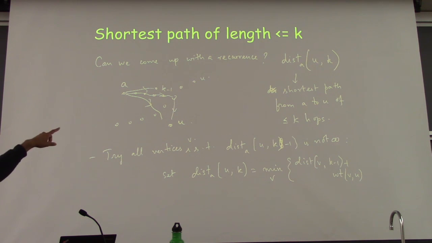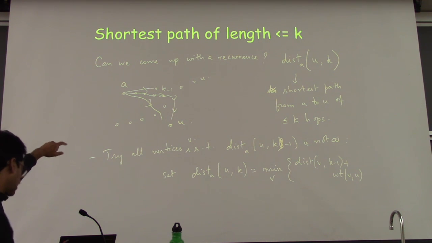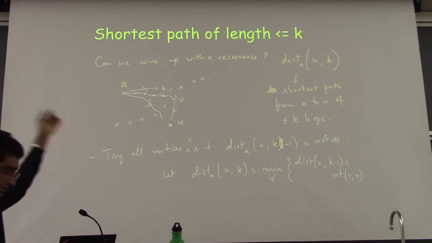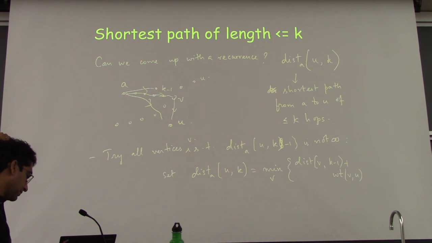Okay. So go to some vertex v using k minus 1 hops and then take the path. So this is a natural thing.